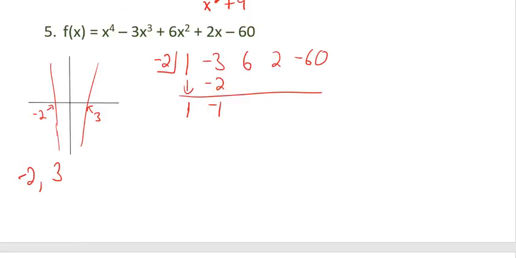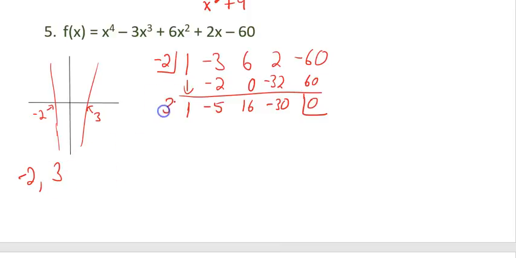That changes things a little bit. So -5, multiplying and get a +10, add and get 16, multiply and get -32, add and get -30, multiply and get +60, which gives you a 0 on the end like it should.